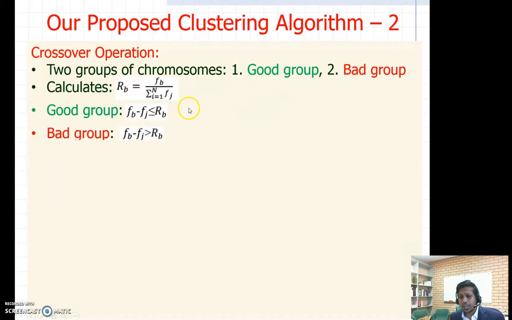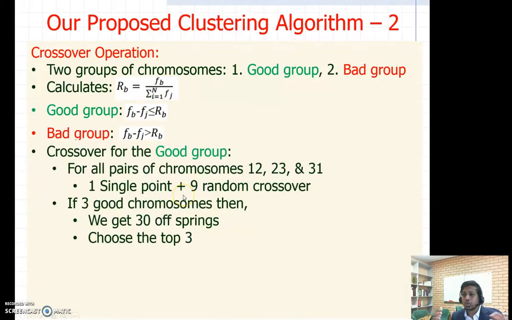And how do we find the good chromosomes? We find the influence area of the best chromosome, and any chromosome falling within that influence area is grouped as a good chromosome. And then we encourage huge crossover among the good chromosomes. Huge crossover means that instead of picking one best chromosome and any one good chromosome, roughly probabilistically, we say, okay, let us have crossover among all chromosome pairs of this set of good chromosomes.